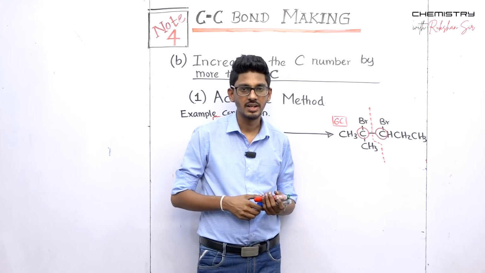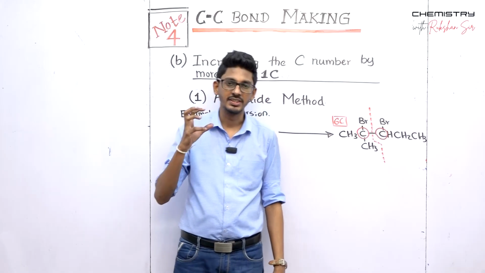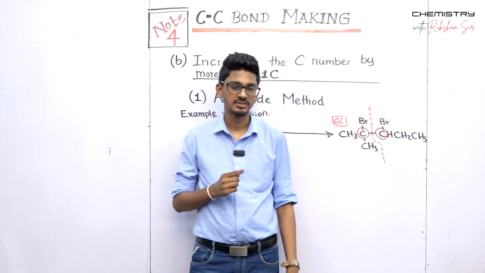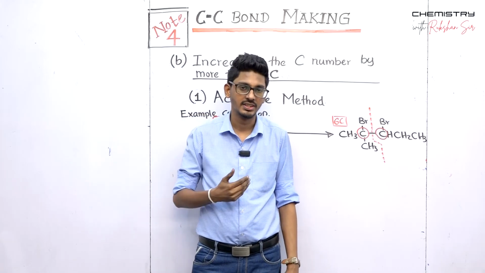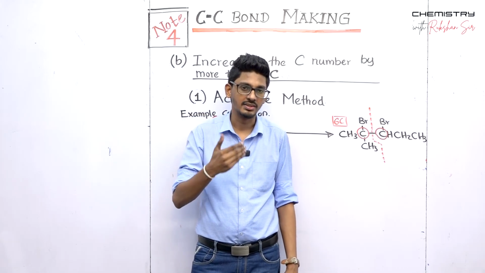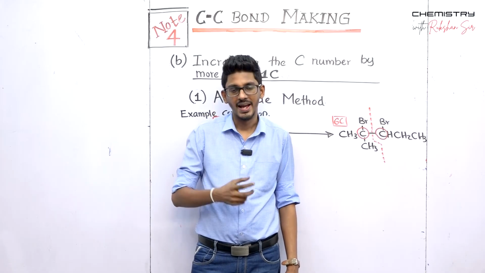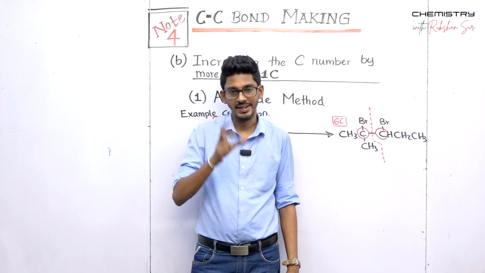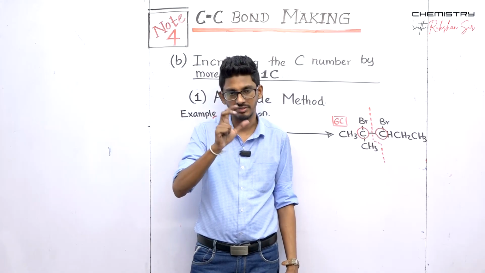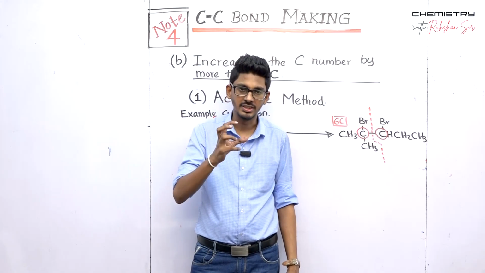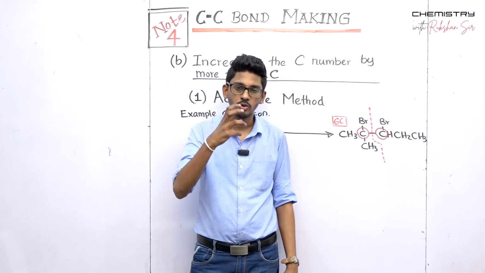Why is that? Because the acetylide functionality, Na plus C minus, is always coming with the corner carbons.